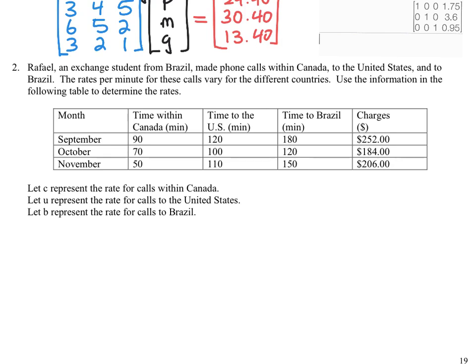Because we have the monthly charges, and we also have the variables associated with those monthly charges. So I could just jump right to it in this case, because the time multiplied by the rate is going to give me the charges for that subset of the linear system. So I could even just chuck the C's in here as soon as I get a pen going.